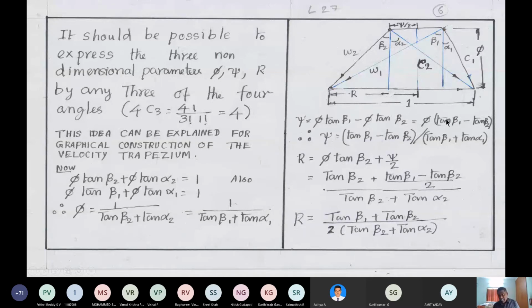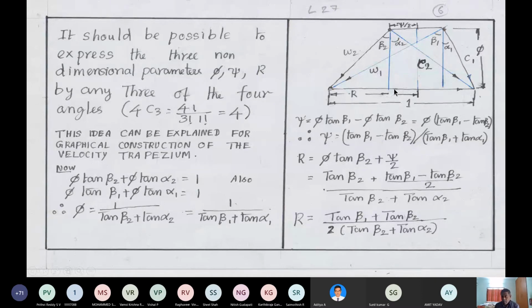Okay. Then in the same manner, r, degree of reaction. Looking at this figure, r is from this end to the point here. So that is equal to r phi tan beta 2, that is up to this point. Then the next one is psi by 2. Okay.